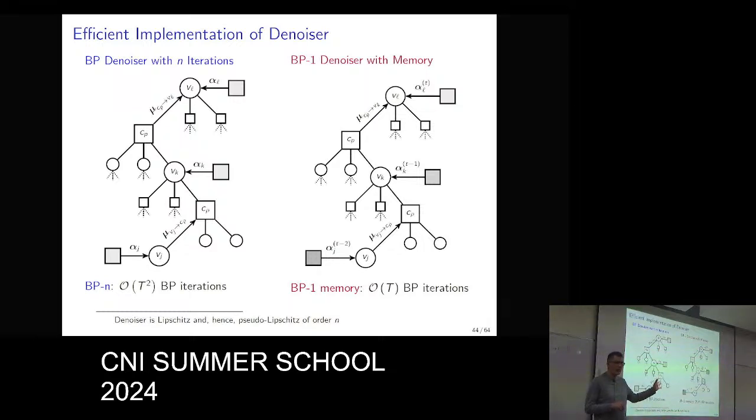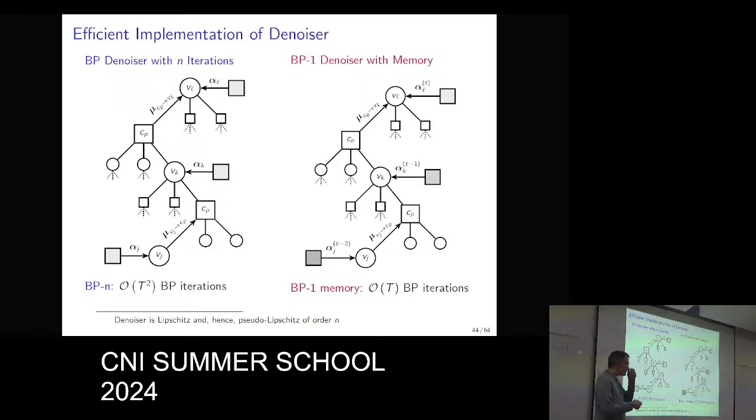Go back to your AMP loop, get a new effective observation, and then change the components that are coming from your channel, the nodes that are fixed, with one connection. Change their value to what you've seen just now, and then do another round. And then go back, keep the graph, and go back to AMP, and update the observation on your graph. So this is a very unusual way to decode an LDPC code.